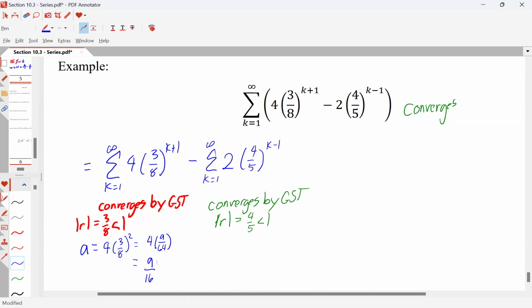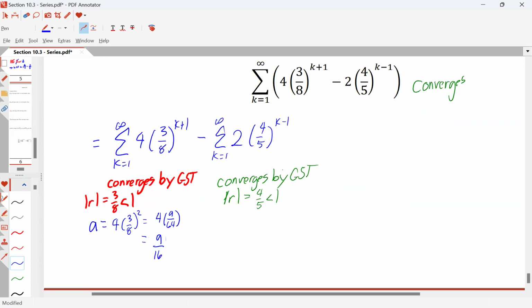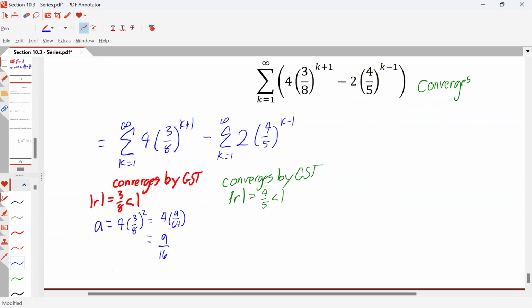So there is a for the first series, meaning we have a = 9/16 over 1 minus r, which is 3/8. So that is what the first series will add up to.